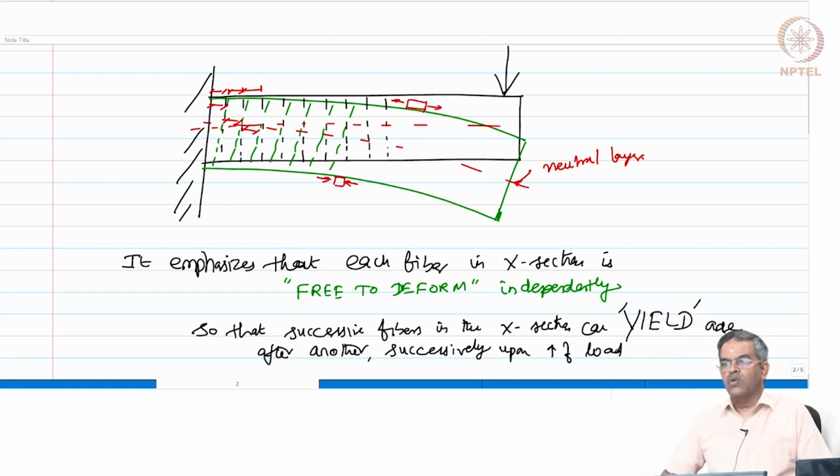As you keep on increasing the load, successive sections keep on yielding independently.